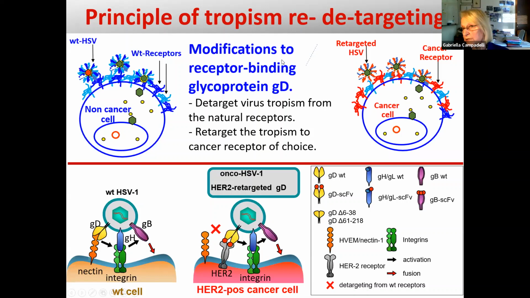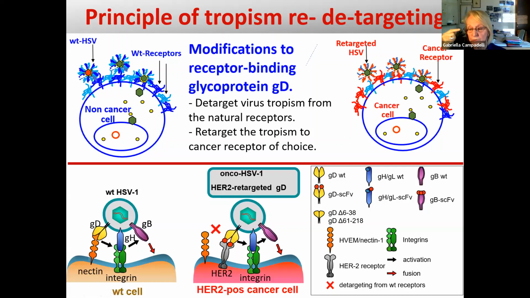Now we modified the glycoproteins. The major glycoprotein that we modified was gD, but not only gD. Let's talk about glycoprotein D. The modified glycoprotein no longer interacts with the natural receptor present in the normal cell, but it will interact with a molecule present on the cancer cell.